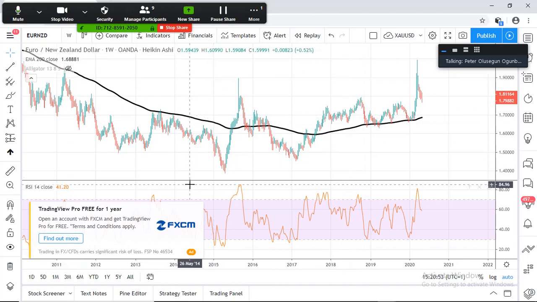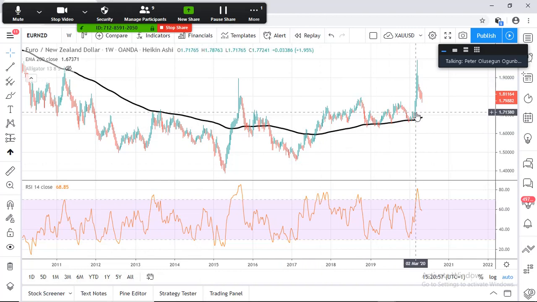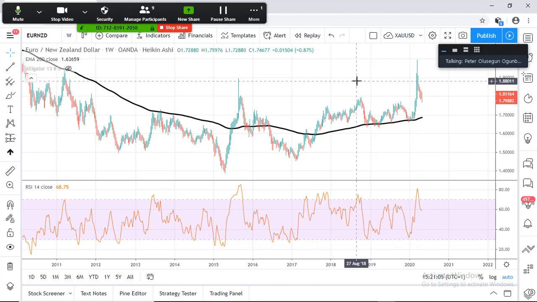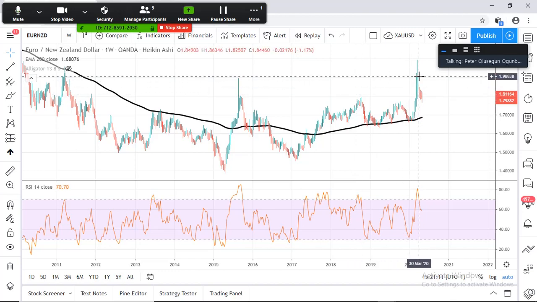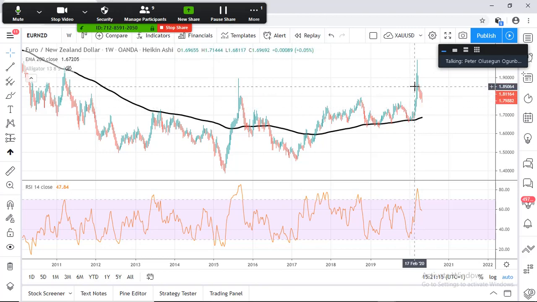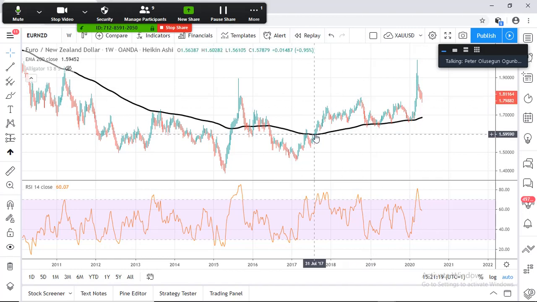Now with what we are seeing clearly on this currency, Euro New Zealand, it's clearly an uptrend for now. So take that home. The information we have on a large time frame is that it is in an uptrend, which means this market is buying.